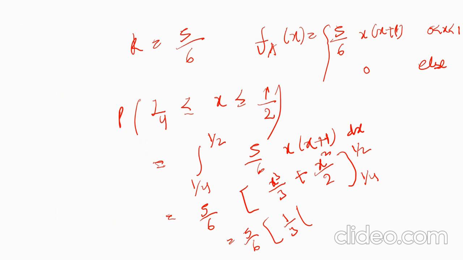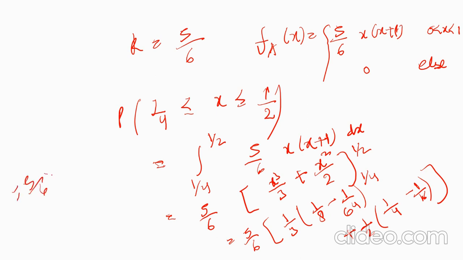Firstly we have 1 by 2, so it will be 1 by 8, minus 1 by 4, which gives 1 by 64, and plus 1 by 2, so this will be 1 by 4 minus 1 by 16.